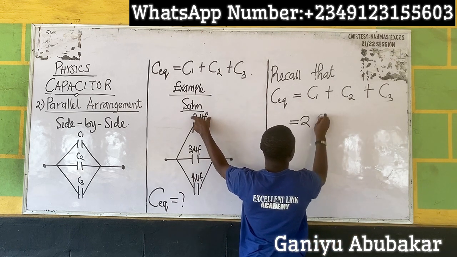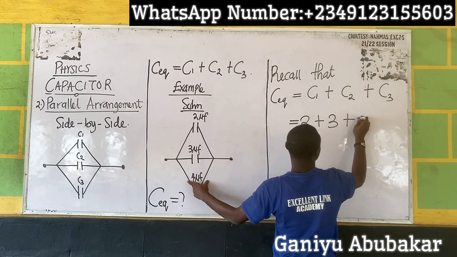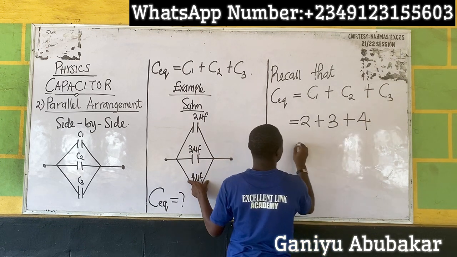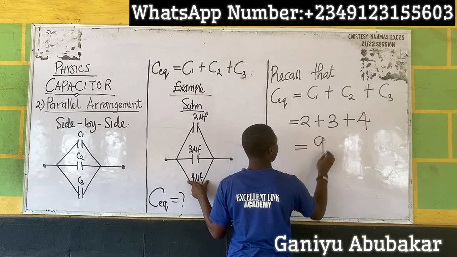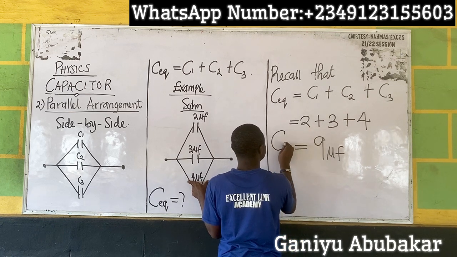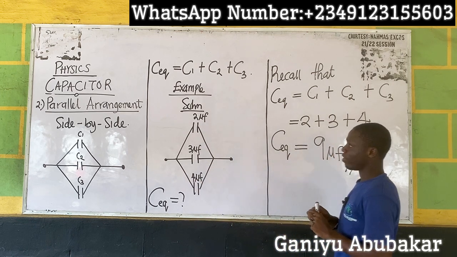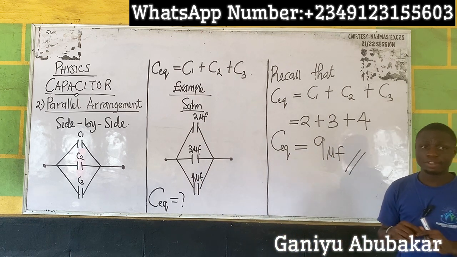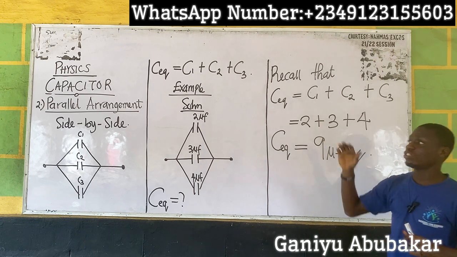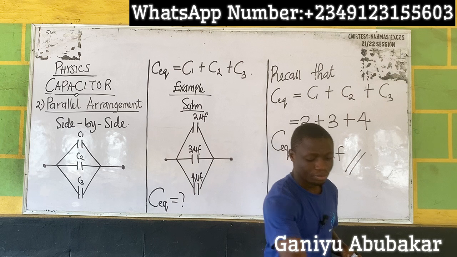That's 2 plus 3 plus 4, that gives 9. So 9 what? 9 microfarad. So the equivalent capacitance is equal to 9 microfarad. This is a solved problem involving the study of capacitors both in series and parallel.